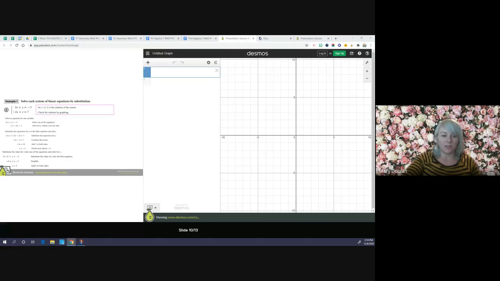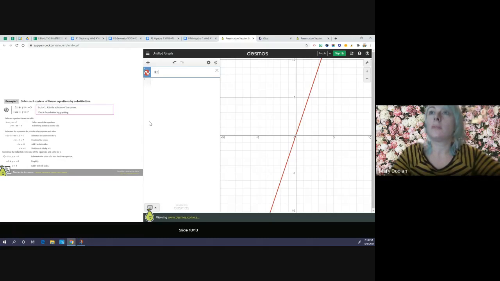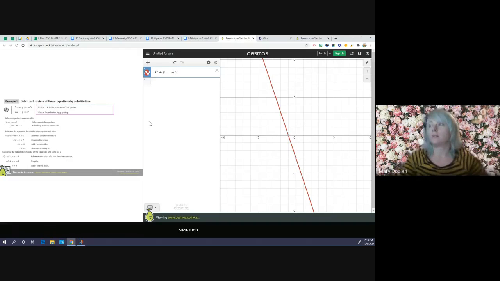Okay, so I'm going to type into this blue box the first equation, which is 3x plus y equals negative 3. And it graphs the line of that equation for me. It doesn't matter that the equation I typed in is not in slope-intercept form.